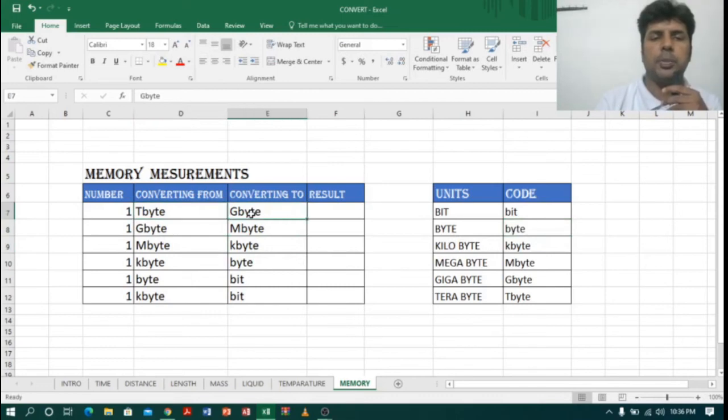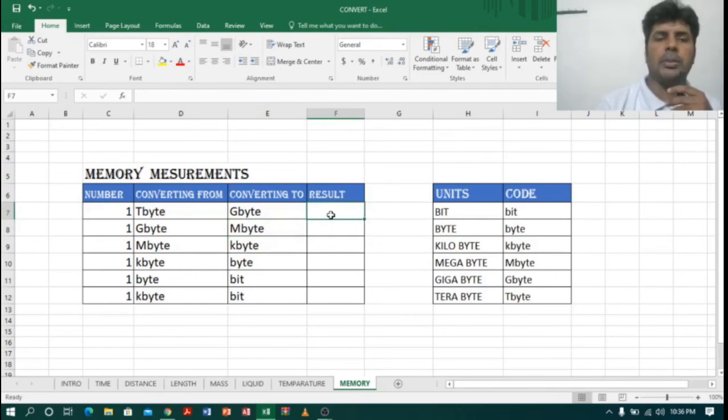In gigabyte, G should be capital, remaining small letters. Megabyte also, M should be capital, remaining small letters. After that, kilobyte, byte and bit are all in small letters. So remember, T should be capital and the remaining should be small. The same way in gigabyte, G should be capital and remaining small, and in megabyte, M should be capital and remaining small.